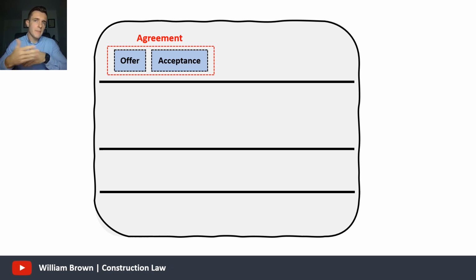But that's only part of the equation. There's a couple of other things you need in order for that contract to form. The first of those is an intention to create legal relations. It's all well and good having the offer and the acceptance, but if there's no intention to form a contract there, then there will be no legally binding agreement.